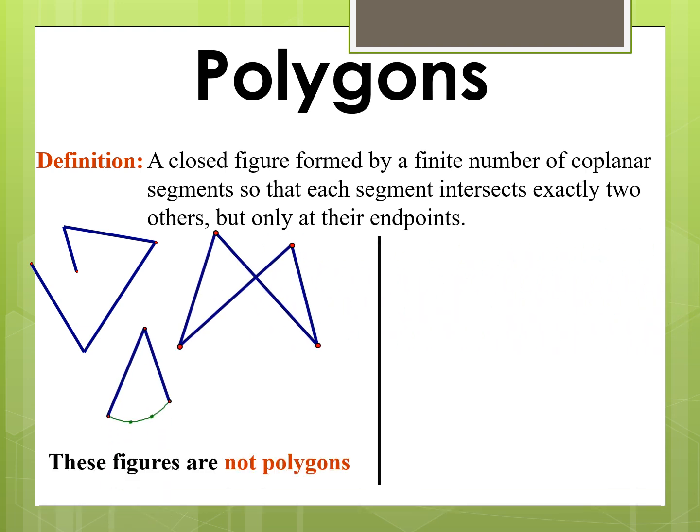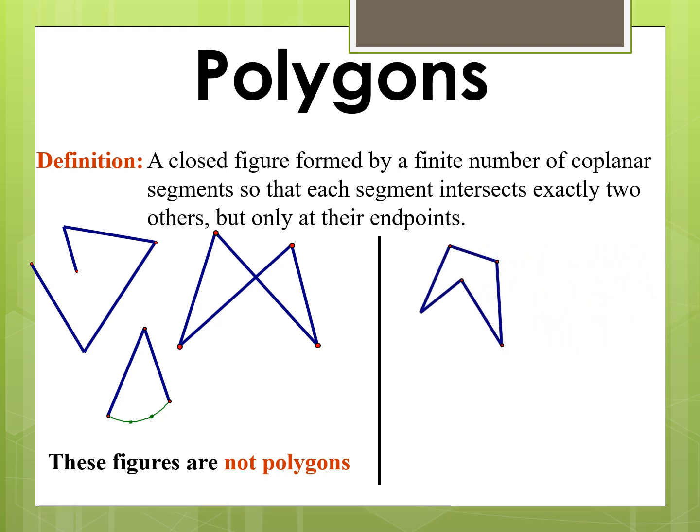This figure is not considered a polygon because, as you can see here, it is not closed. This one is closed, but there are other things we need to consider for it to become a polygon.